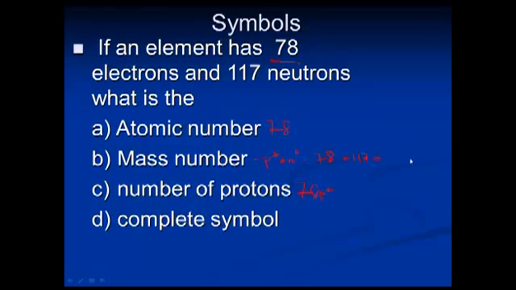I add those together. Let's see, that's 195 for your mass number. I go ahead and write the complete symbol. Mass goes on top. Atomic number goes on the bottom. We look up element 78, and element 78 is platinum. Okay.